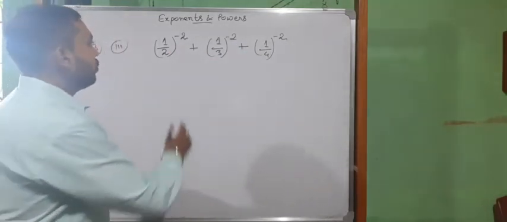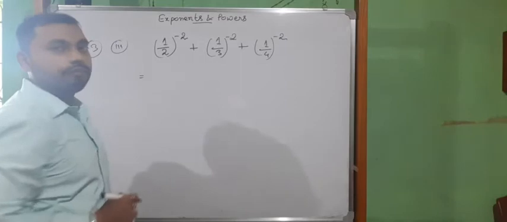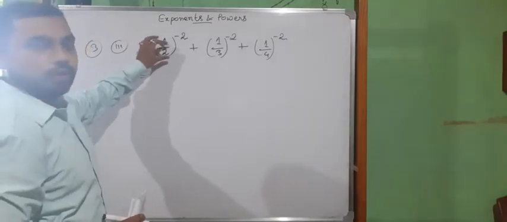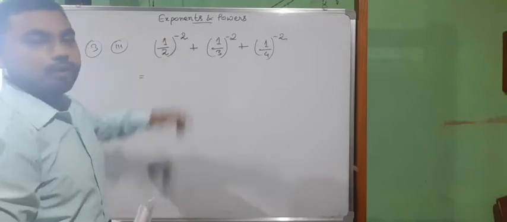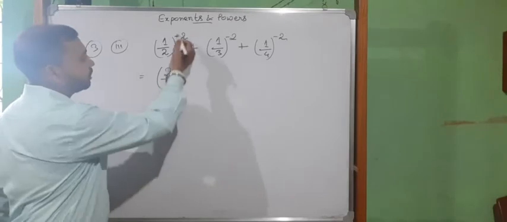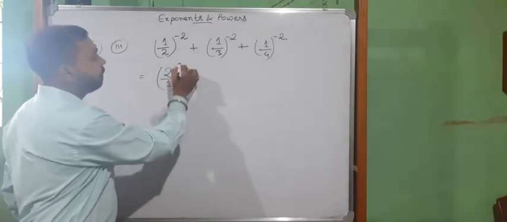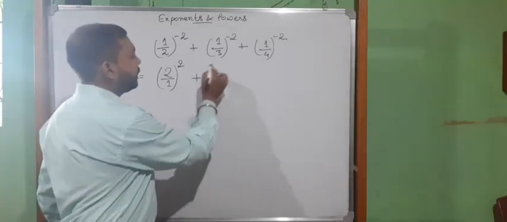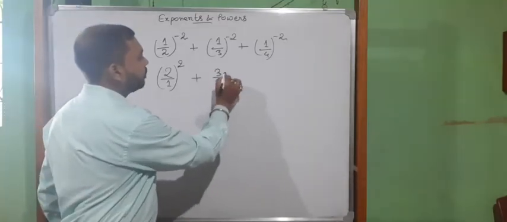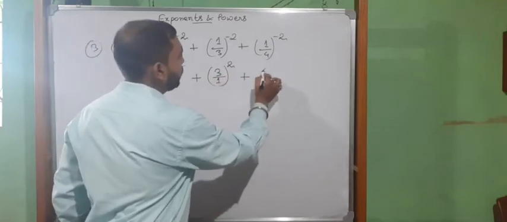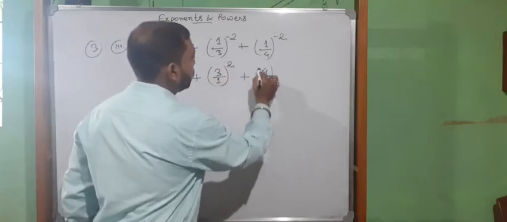So to make the exponent positive, what will happen? This base, that is half, it will become reciprocal. So it will become 2 by 1. Now this exponent will become positive, so it becomes 2. Then plus it will become 3 by 1, again with power 2. And this is 4 by 1, it will become 2.